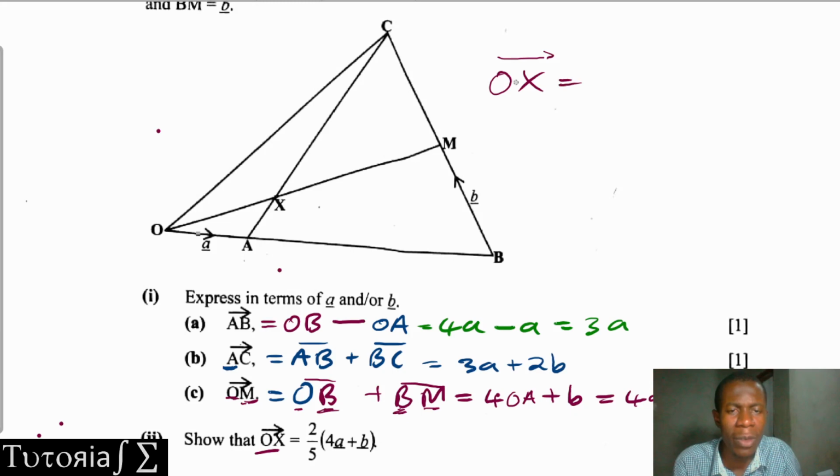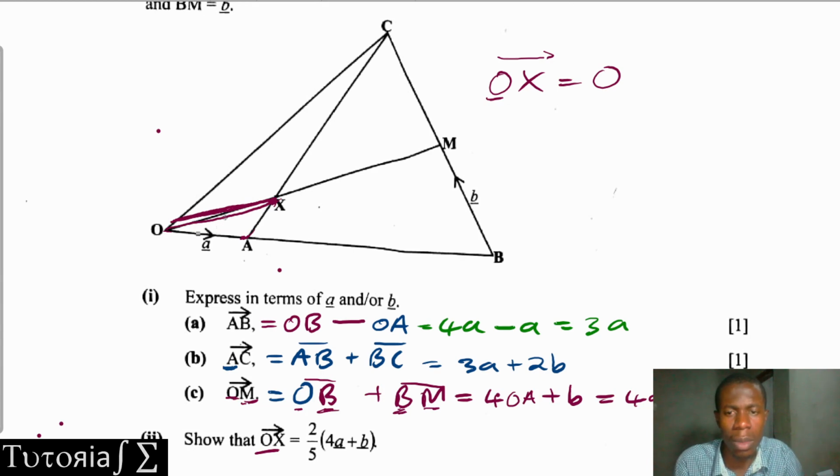So how do we move? Of course, we need to start at O because it's the first letter, and we need to get to X. So we can go OA, then AX. This will get us at X there.